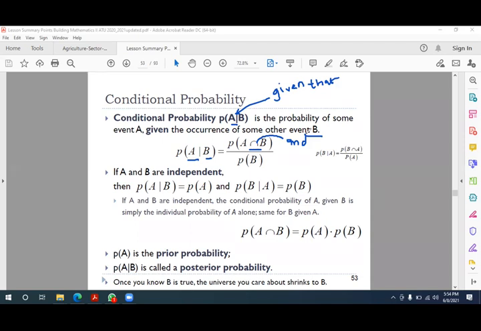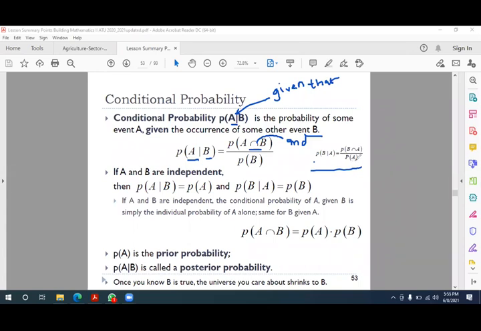So the probability of A and B over the probability of B. So if that is the case, then we can also write that the probability of B and A, I hope you can see this one here clearly, that the probability of B given A has occurred is also denoted as the probability of B and A over the probability of A.